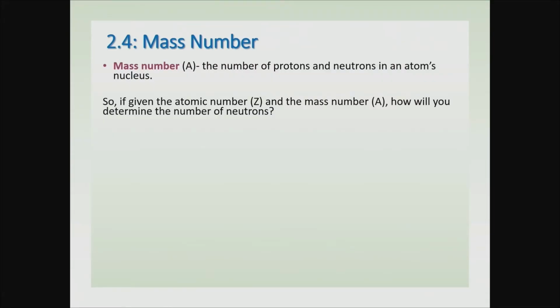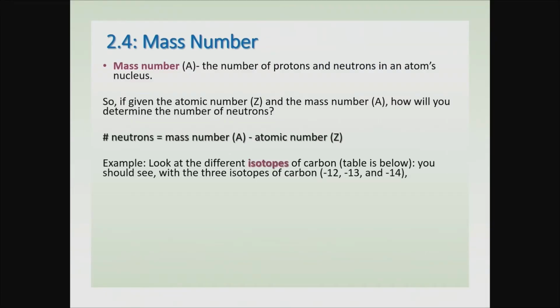Okay, the next number you need to be aware of is called the mass number of an atom. The mass number is symbolized by the letter A. The mass number is equal to the number of protons and neutrons in an atom. One thing you'll often be given, say on a test, is that an atom has a certain atomic number and a certain mass number, and you might be asked to figure out the number of protons and the number of neutrons it has.